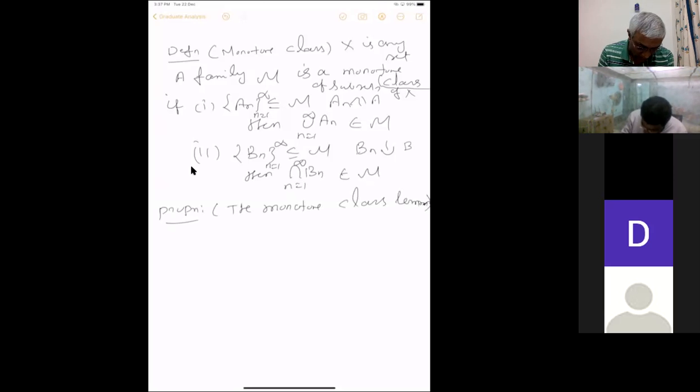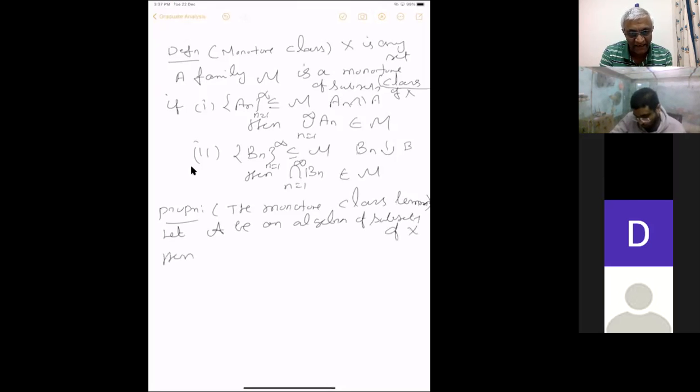We always assume there is a universal set X, so I will not write it again. Let A be an algebra of subsets of some X. If we have any collection of subsets, we have defined the sigma algebra generated by it.